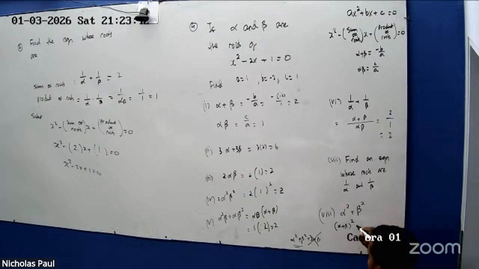So what you just do is minus off 2 alpha beta. Alpha plus beta is 2, squared, and alpha beta is 1. So that's 4 minus 2, which is 2. All right. We'll stop there.